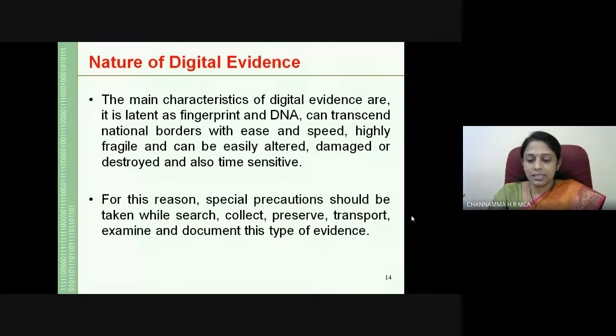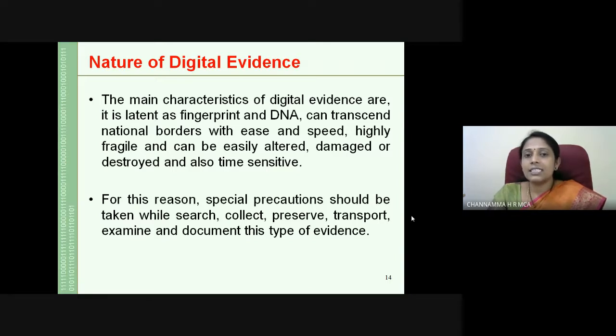But with our naked eye, we cannot see it. This is how digital evidence also cannot be seen with the naked eye. It is concealed inside the digital storage media, inside the computer, inside the pen drive, inside any external hard disk, or inside a printer. This is one nature of digital evidence, and it can be transmitted or transported from one place to another.